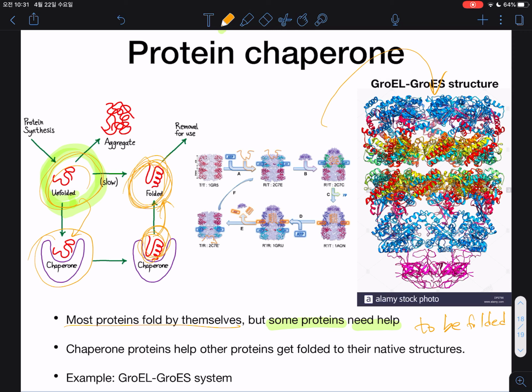Then this one becomes active, and it works inside the cell and inside the living organism. So chaperoning proteins are proteins which help other proteins get folded to their native structures. One important example is the GroEL and GroES system, and there are many other protein chaperoning systems in living organisms, which is also a very interesting topic of research.